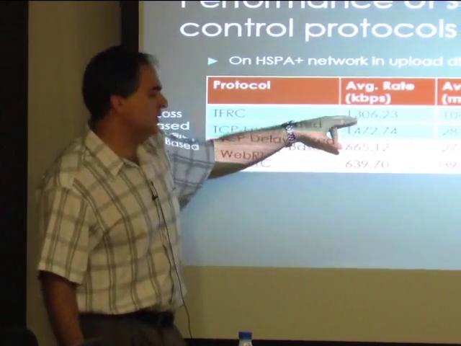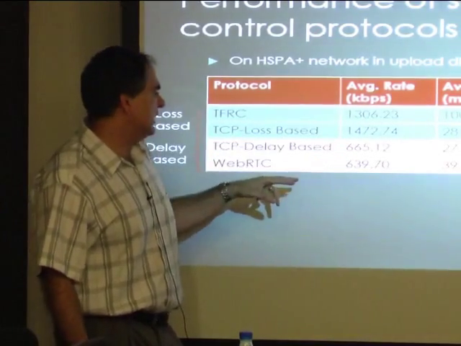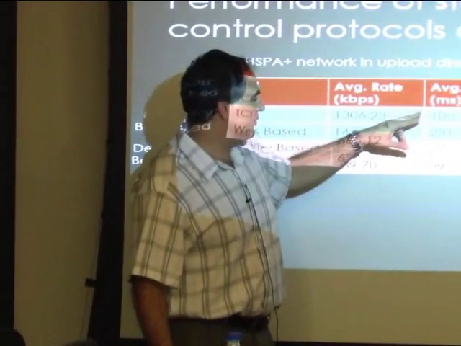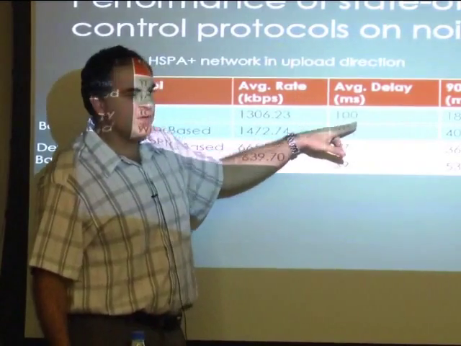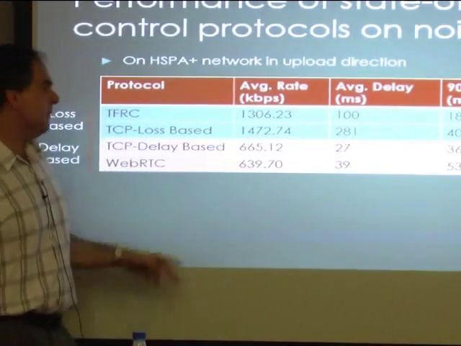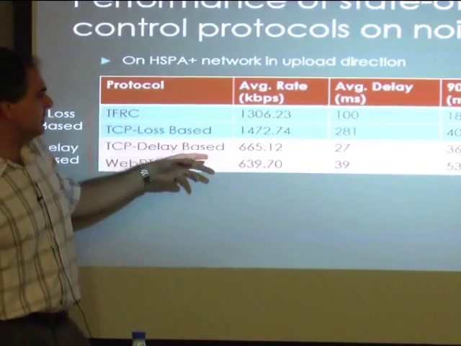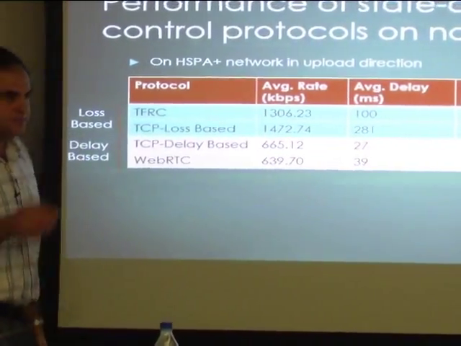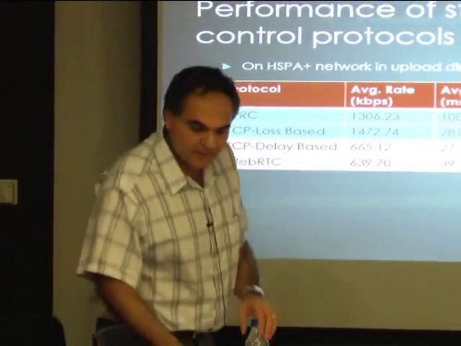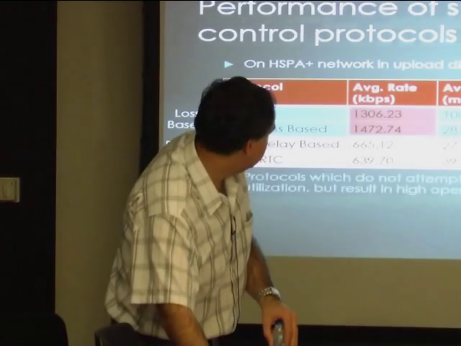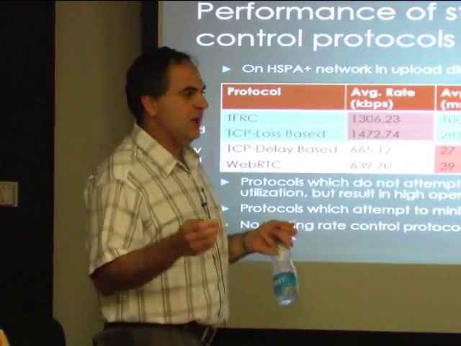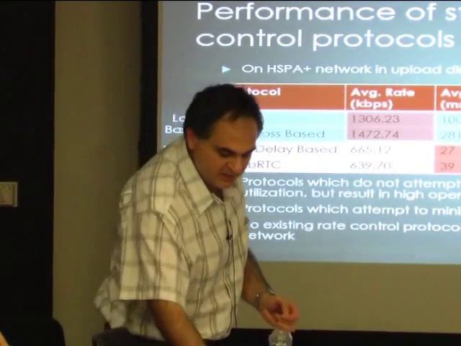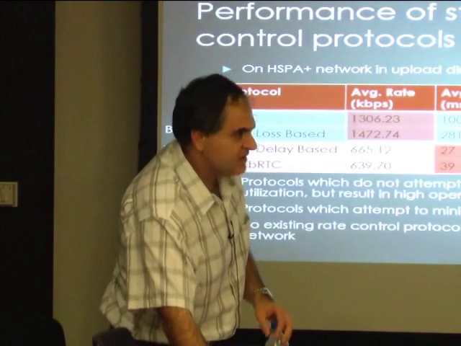Here you see the throughput is pretty good for these networks, but the delay is very high for these loss-based protocols. And if you look at these delay-based protocols, you see low delay, but the throughput is low, right? So in essence, there's no existing protocol which gives you both high throughput and low latency for these types of noisy networks.